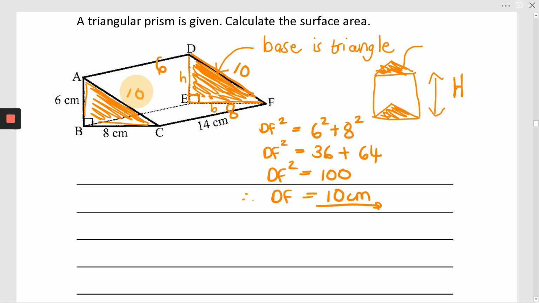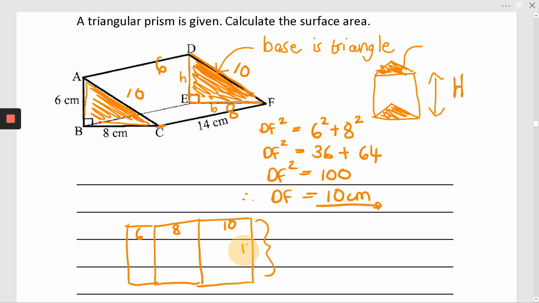That's also 10. Now I want to attempt a net diagram. There's going to be 3 rectangles. It's going to be 6 and 8 and 10, but they all have the same. I'm going to use the word height very carefully, but what I mean is the distance from there, the C to F. So this measurement is the same for all of them. It's going to be the 14. So I'm transferring the labels from my 3D picture to my 2D net diagram.